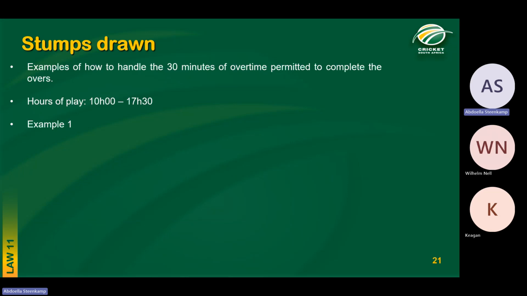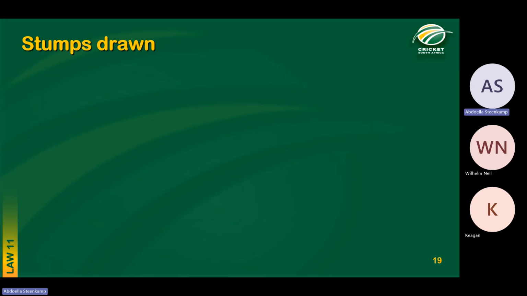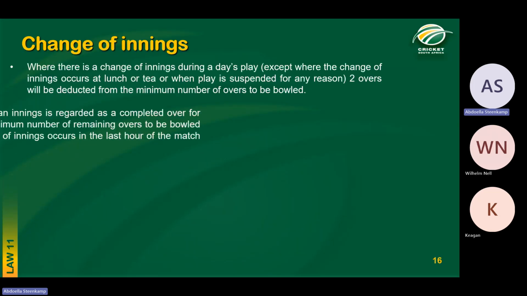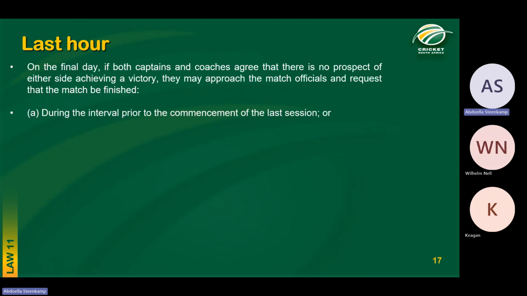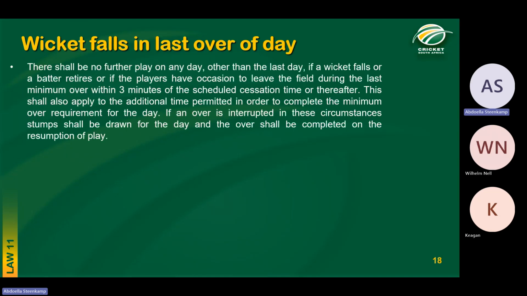What I'm going to bring under your attention, Keeks, is that clause. It states: there shall be no further play on any day if a wicket falls or a batter retires or the players need to leave the field in the last over of the day within 3 minutes of the cessation time.